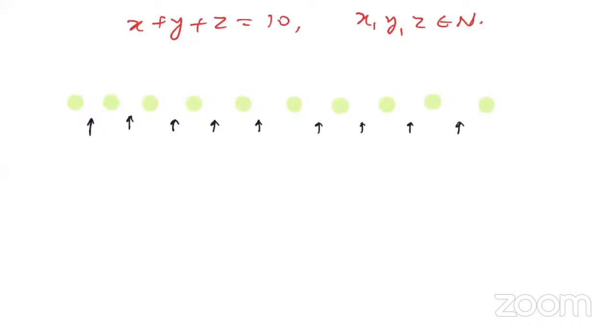We have 9 gaps. In 9 gaps, we have to give 2 separators. We know that in 9 gaps, we can select 2, and in these 2, we have to give the separation, like one is there, other is there.